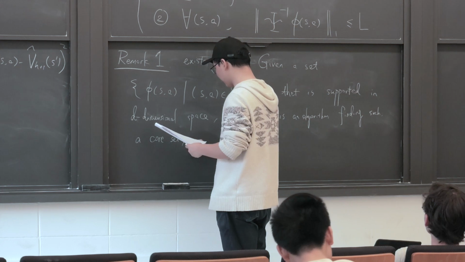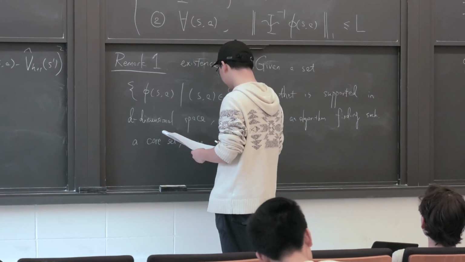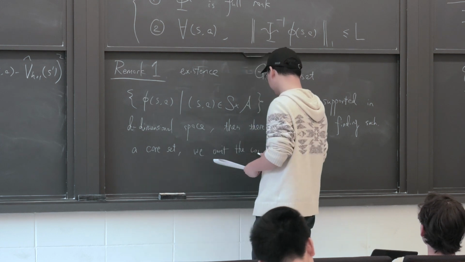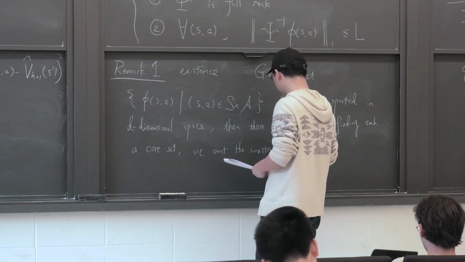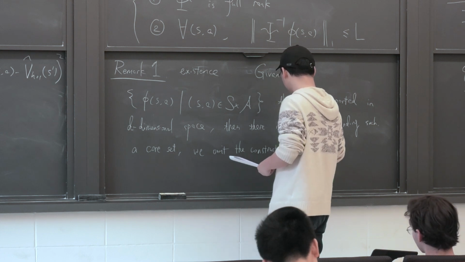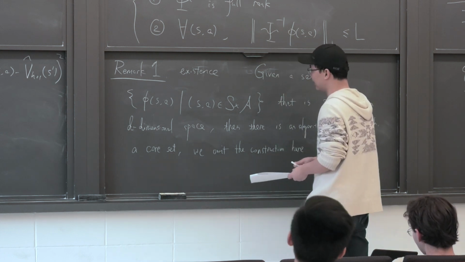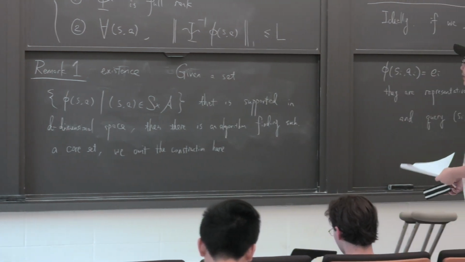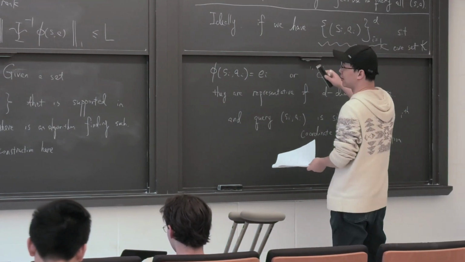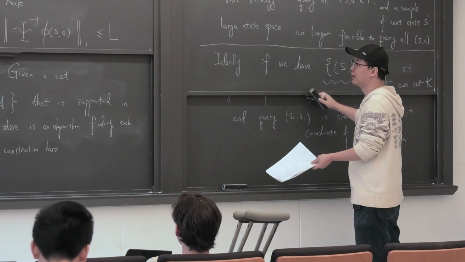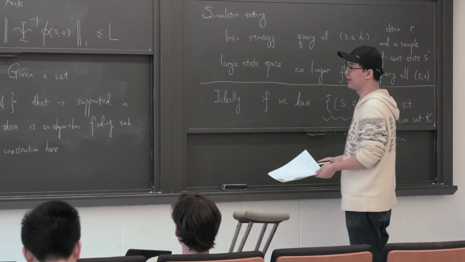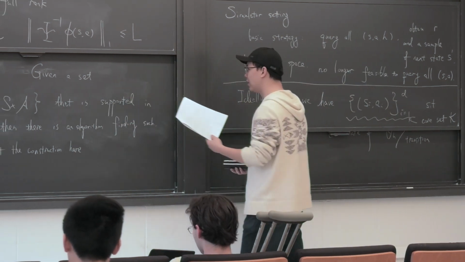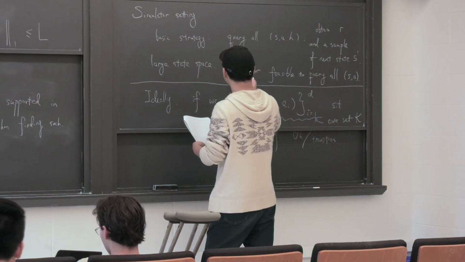So we omit the construction here. The construction requires some separation techniques, and probably going to take another half an hour to talk about it, so we just omit it. But the first remark is it always exists, and you can even have an algorithm able to find the core set if you know the set of all possible feature vectors.